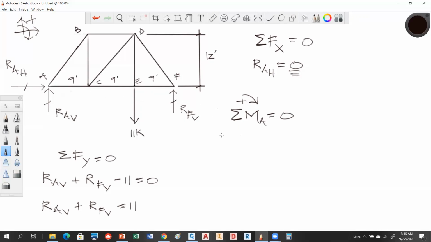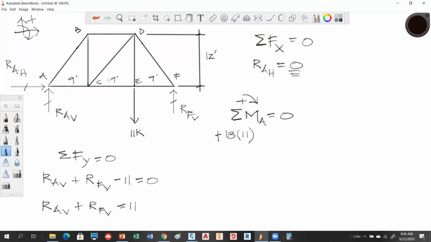So what we have is a negative 18 times an 11 kip force, right? So 18 feet, 11 kips. It's going this way. Whoops, that's a positive, isn't it? Right? Everybody agree with that? Yes. And our FV is the only other thing that's in that moment equation.